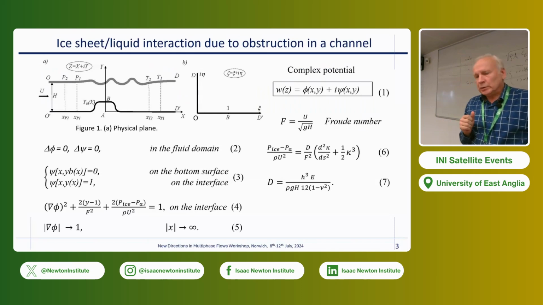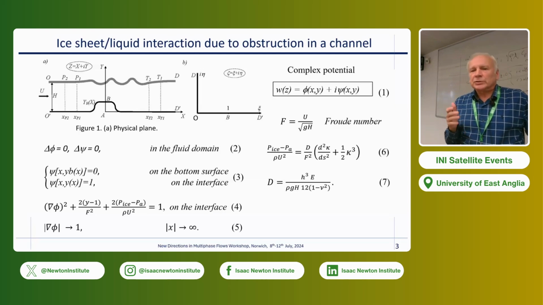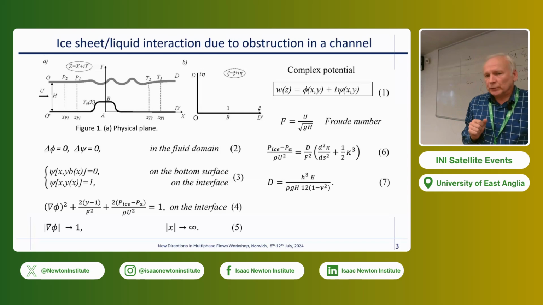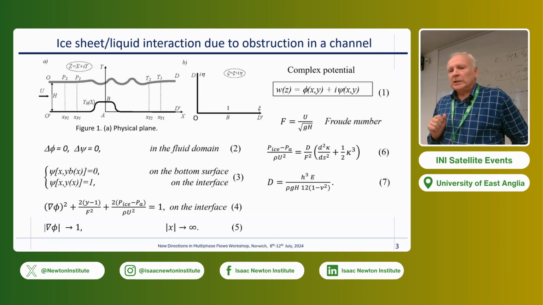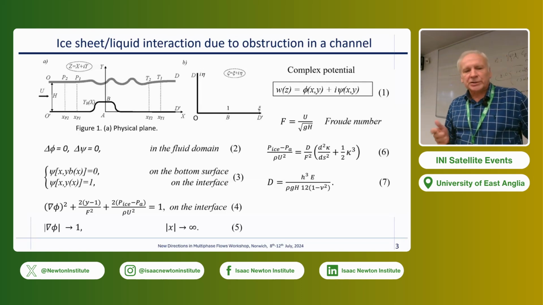We solve this problem using integral hodograph method, which is aimed at constructing the function of the complex potential. Real part of this function is velocity potential, and imaginary part is stream function. Both these functions satisfy Laplace equation in the fluid domain. On the bottom surface, stream function is 0.